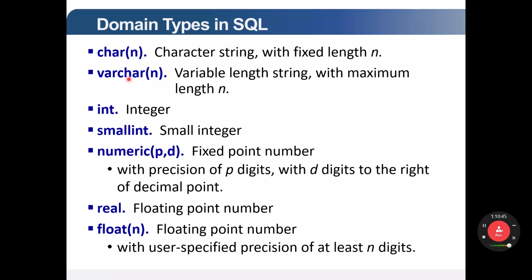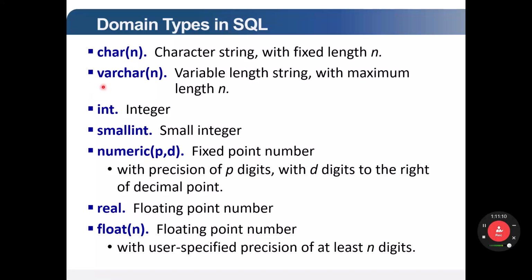It works very similarly to char type, but the difference is that this variable length char type tries to save some disk space whenever possible. So suppose you put the number 100 inside the parentheses for char type, then the DBMS will always allocate 100 bytes for that data.